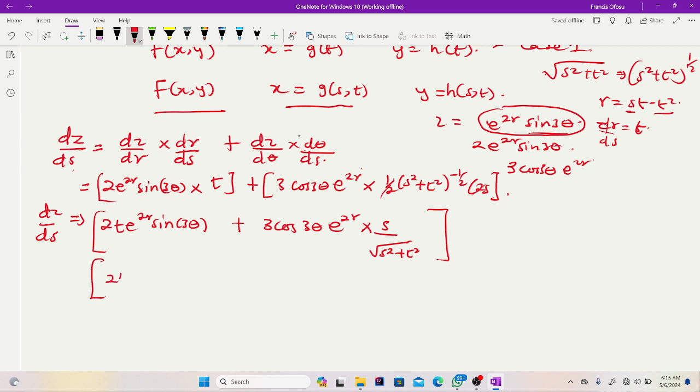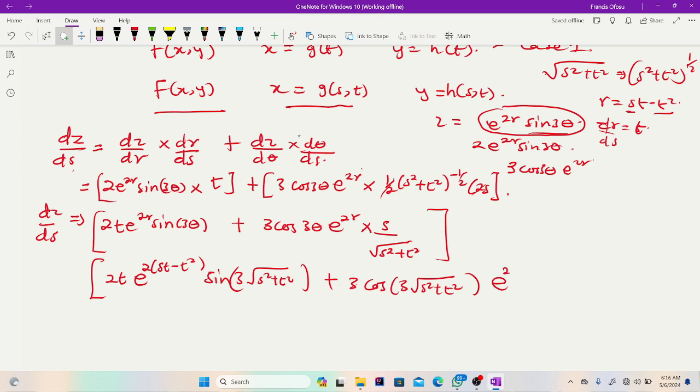So we simply get 2t multiplying e to the power 2, my r is st minus t squared, sine 3 theta, where theta is equal to square root of s squared plus t squared, plus 3 cosine 3 theta, square root of s squared plus t squared, multiplying e to the power 2, and the r is st minus t squared, times s over square root of s squared plus t squared.